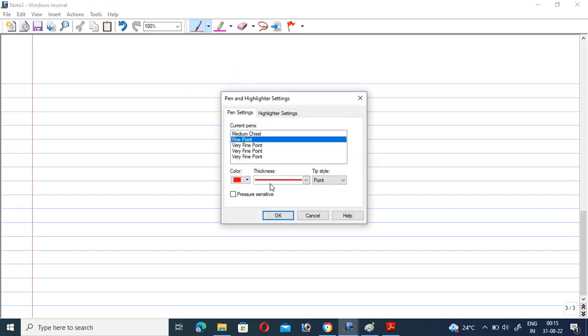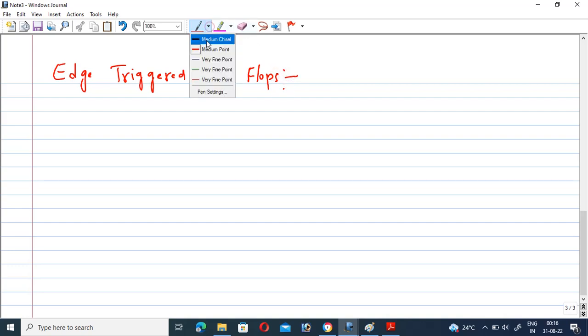Now we have to focus on edge triggered flip-flops concept. So see here, generally we know the basic diagram for the SR flip-flop.